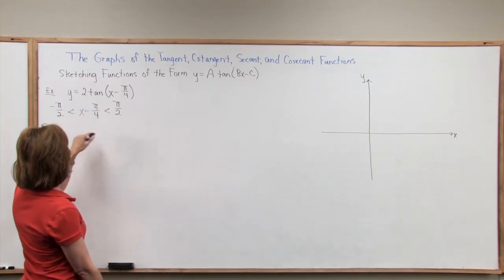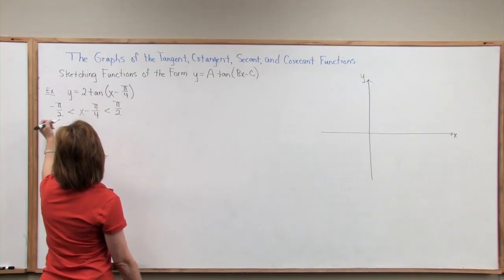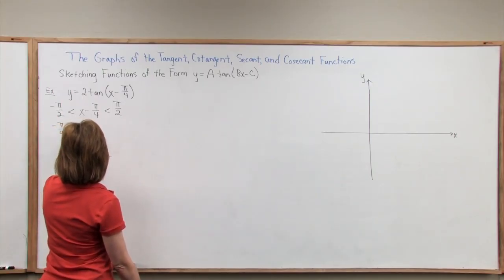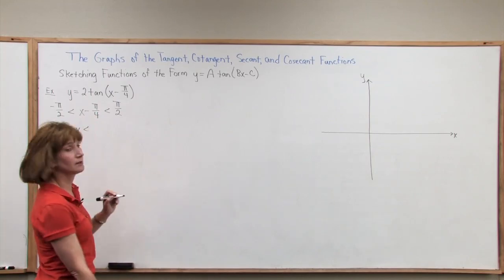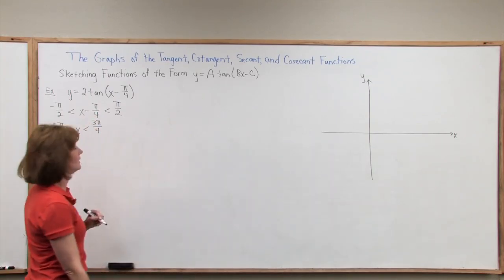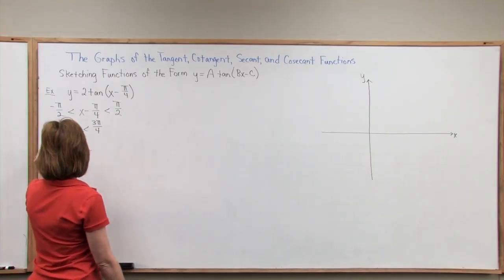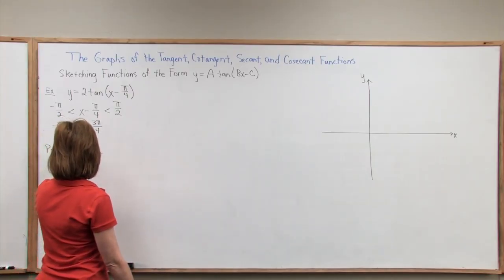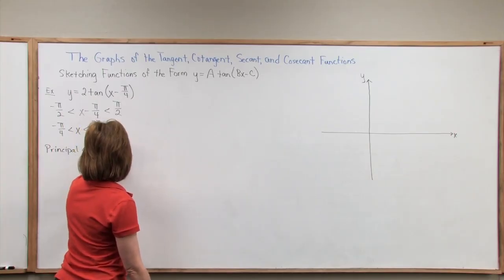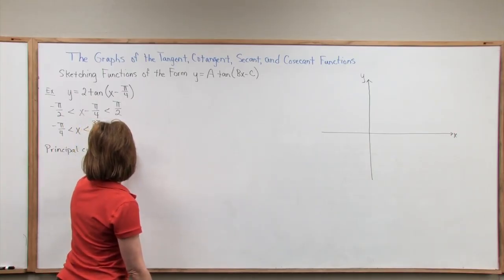So we want to solve for x, so we want to add pi over 4 to each side, so that would give me negative pi over 4 less than x. Pi over 2 plus pi over 4 would be 3 pi over 4. So here's what I know. I know the principal cycle for this function is going to be negative pi over 4 to 3 pi over 4.